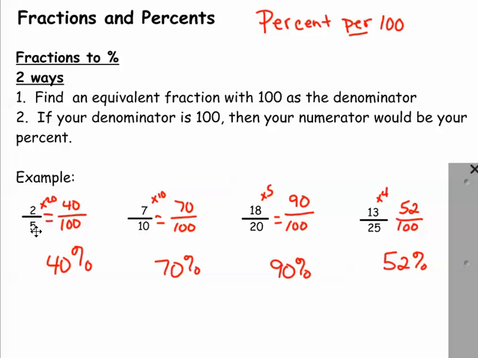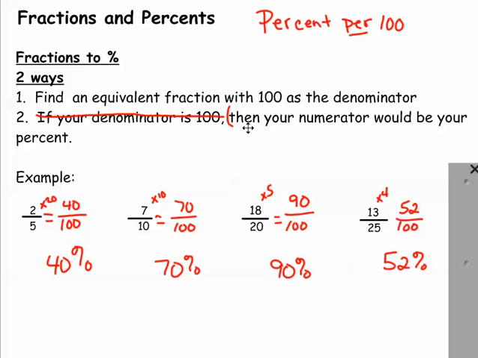Okay, so again, if I can get my denominator to an equivalent fraction of 100, then I can easily figure out my percent. All right, so why don't you go ahead and pause the video. I want you to write down the notes here. So the first way is I want to find an equivalent fraction with 100 as my denominator. The second step is, if my denominator is 100, actually you can kind of forget that part because obviously you did get 100.